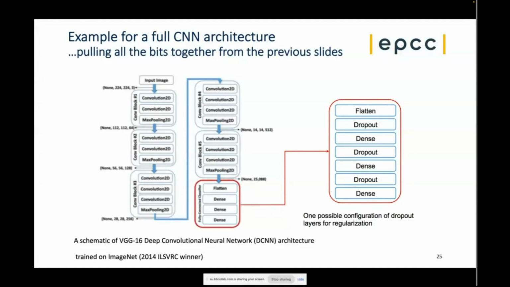You can either just take that model out of the box and apply it to some new images that you've got if you're trying to classify the same kind of images that were in ImageNet, or you can use transfer learning that I mentioned earlier to start from that pre-trained model and train it on some different kind of input data for your particular problem. So the frameworks, as well as implementing things like forward and backward propagation, also provide example architectures, and they also provide pre-trained models in some cases as well.